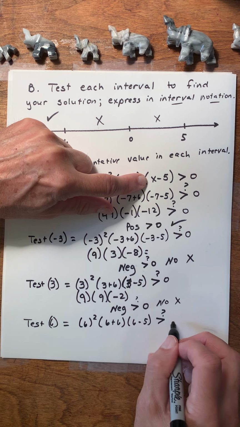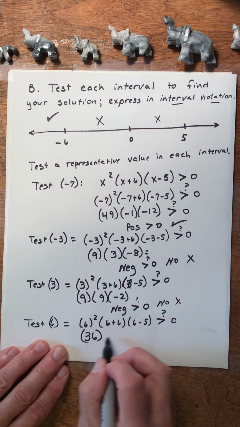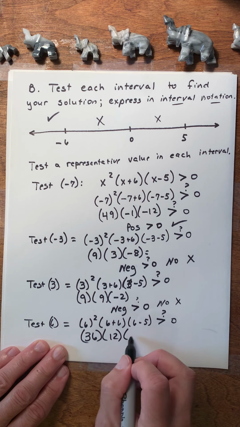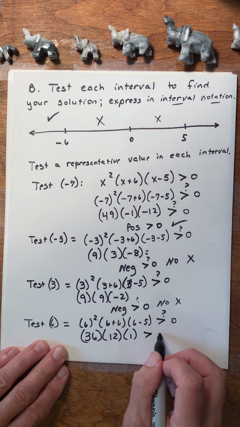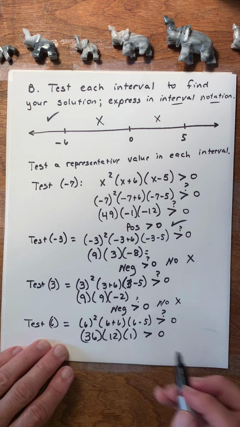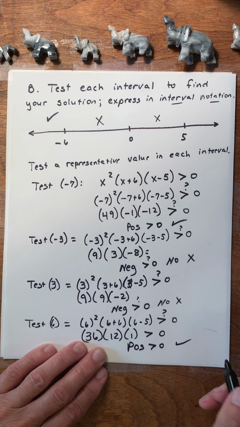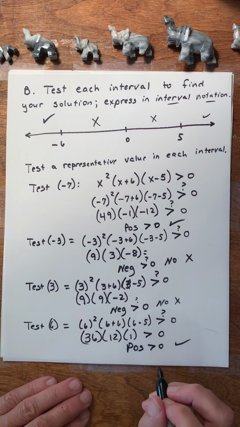Question, is that greater than 0? I don't know. Let's find out. 36 times 12 times 1. Is that going to be greater than 0? Absolutely. That's a big old positive number. Positive, positive, positive. That's definitely greater than 0. That's a good section also.